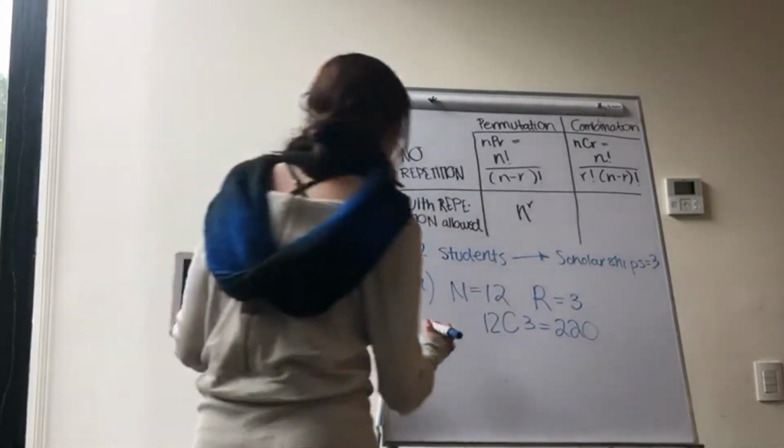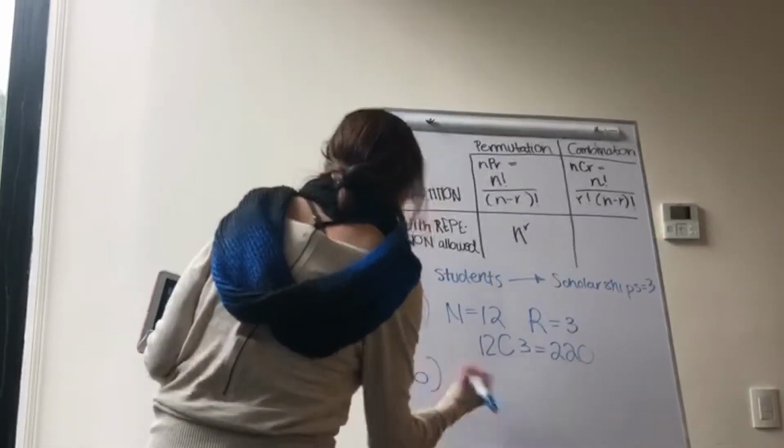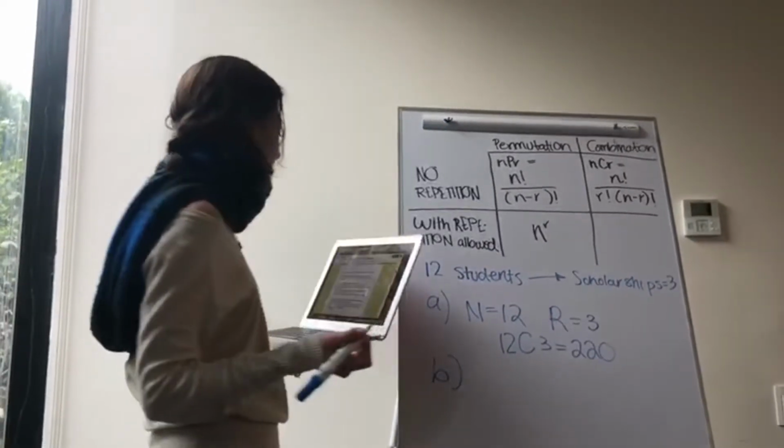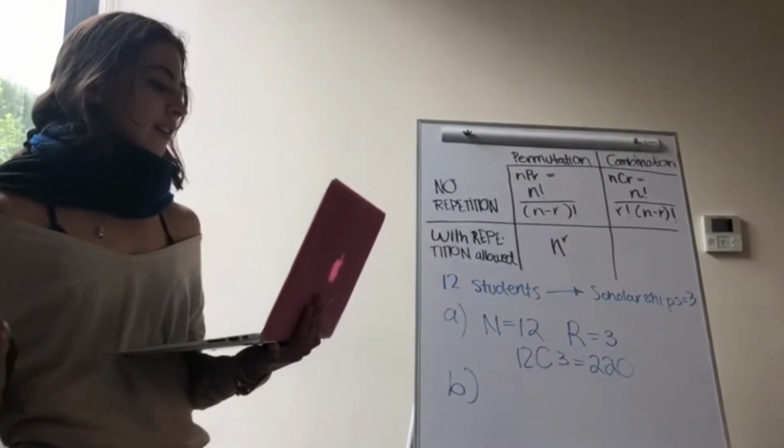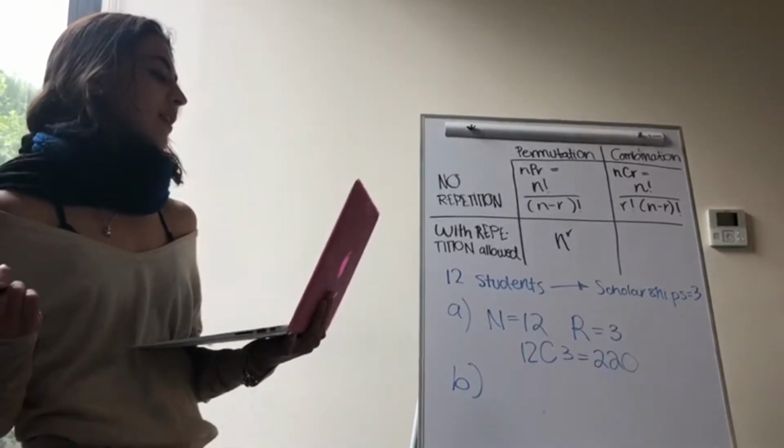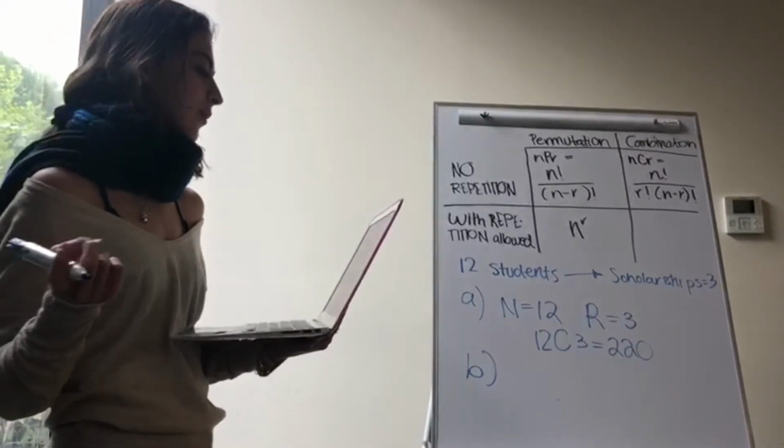And question B is, if Roberta's performance is so good that her scholarship is guaranteed, how many different ways could the winners form?